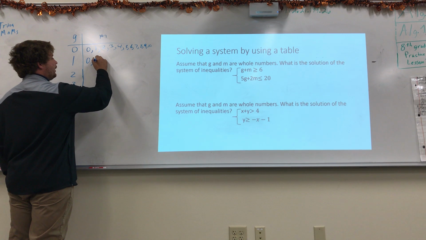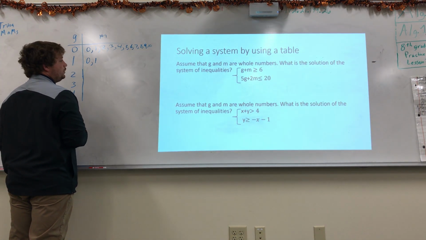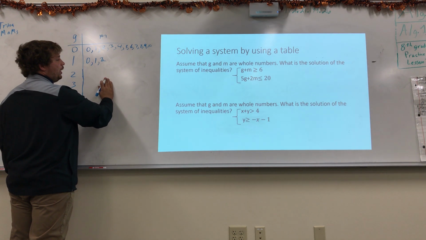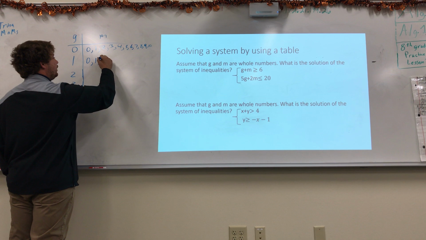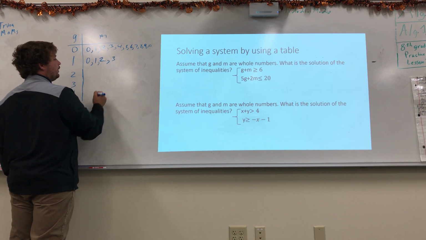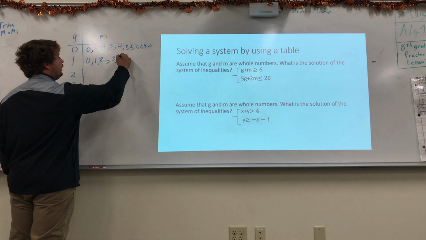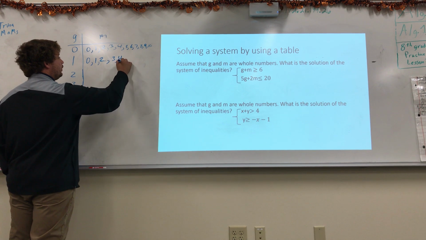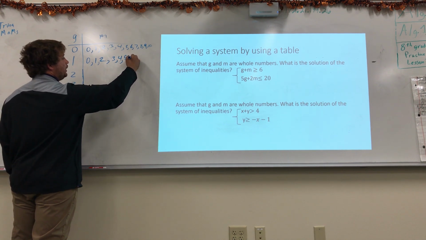I put in 1 for the next part: 5 plus 2 is 7, so that works. 2 would go, 5 plus 4 is 9. 3 would go in there and you get 6 plus 5 is 11. 4 goes in there, you get 8 plus 5, which is 13. 5 goes in there, you're going to get 15.